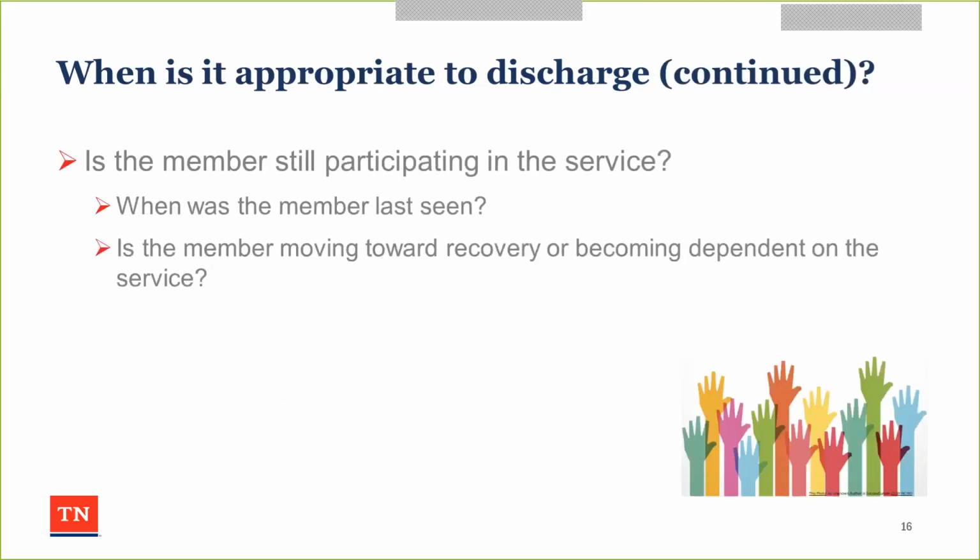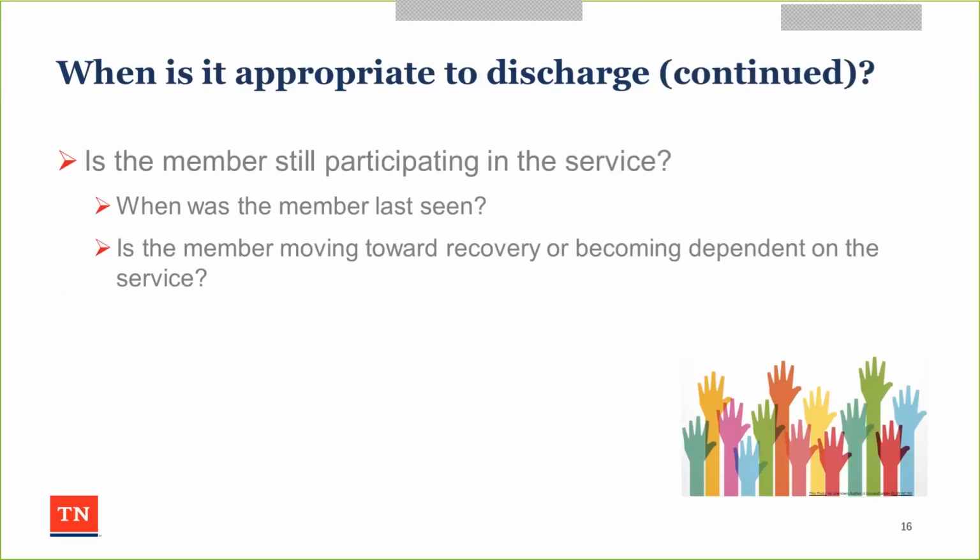And so the next item, looking at participation, one of the items that we ask sometimes is, when was the member last seen by the care coordinator? Is it something where you're essentially titrating the service down, and so you see the member once a quarter and maybe you call them once a month, but they're really doing quite well and they're not really active in the service anymore?